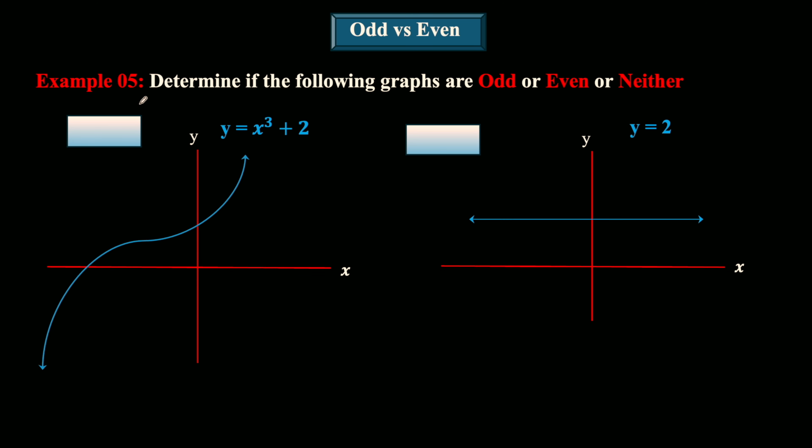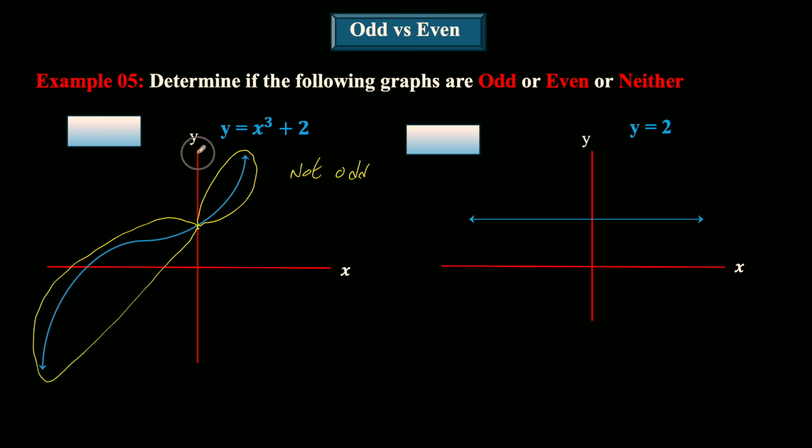Let's see our fifth example. The same. Determine if the following graphs are odd or even or neither. So in this case we see that our curve does not cross the origin, so it is not odd. Second thing, we see that this part is not symmetric with this part, right?